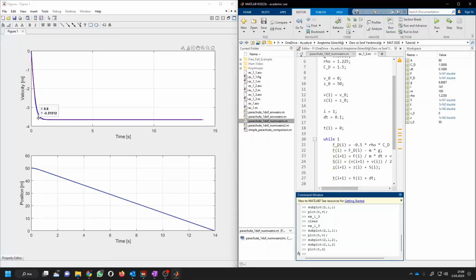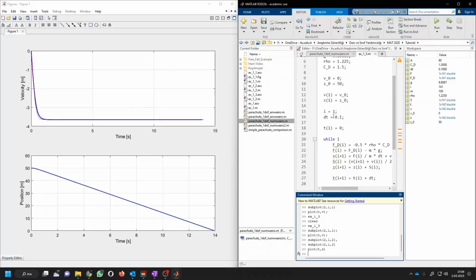We were truncating the terms in the Taylor series greater than 2. That causes the difference between the analytical and numerical solution. So if you increase this delta t value, you are basically increasing the effect of the truncated parts of the Taylor series.